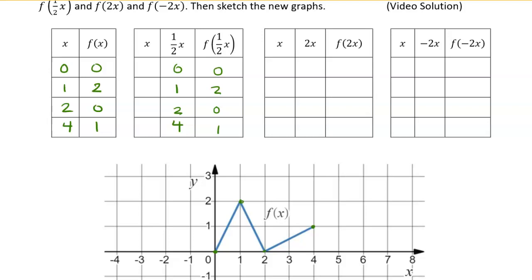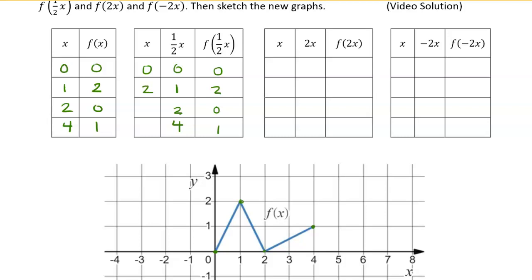All right. But now, since our input is 1/2 of x, we have to figure out, what does x have to be in order for 1/2 of x to be these values? In order for 1/2 of x to be 0, x is also 0. If 1/2 of x is 1, that means x has to be 2, because 1/2 of 2 is 1.